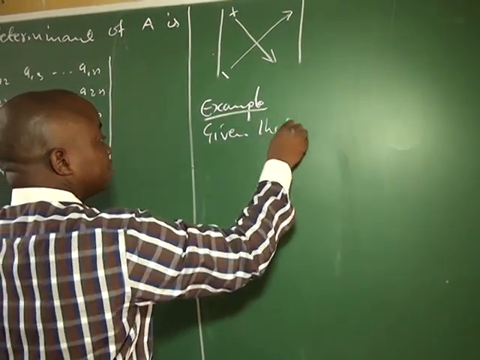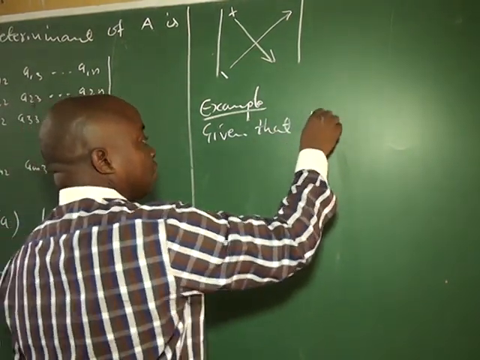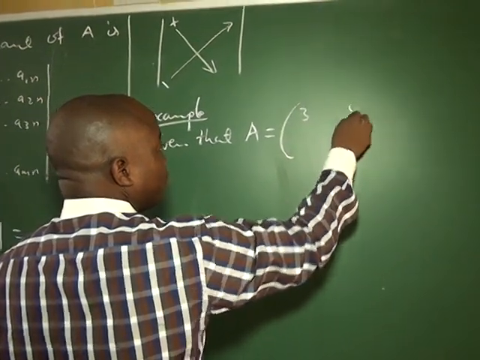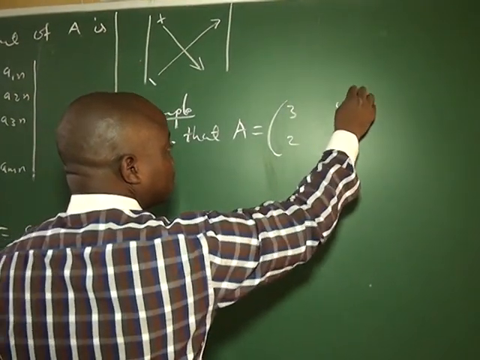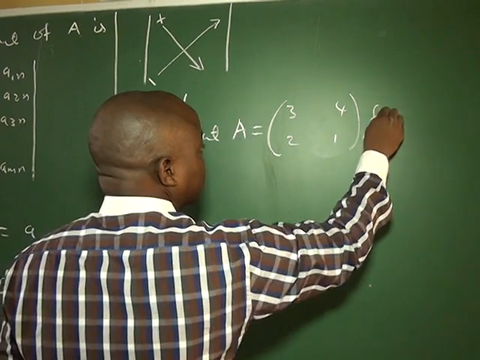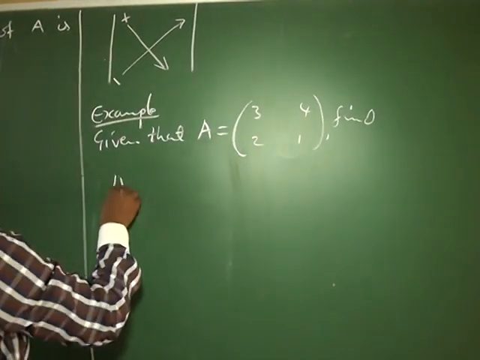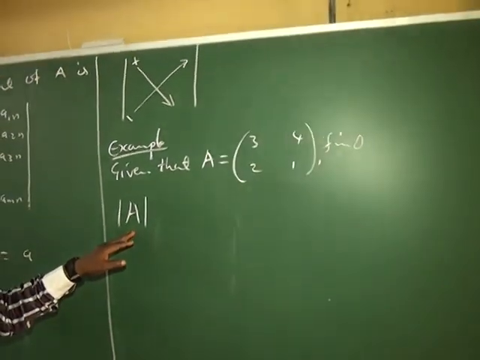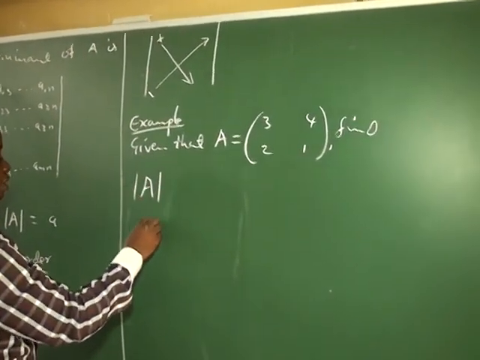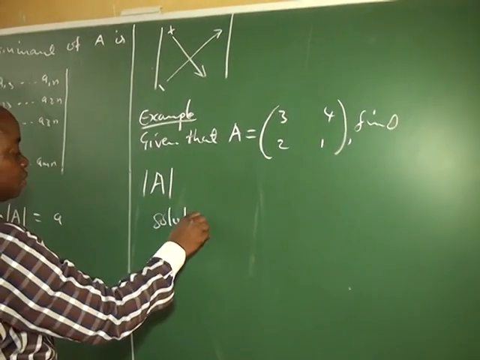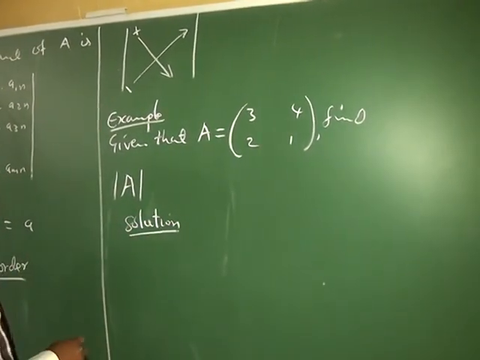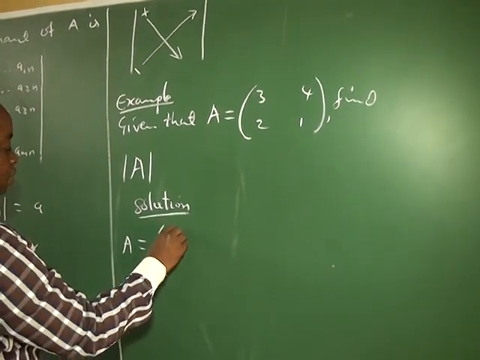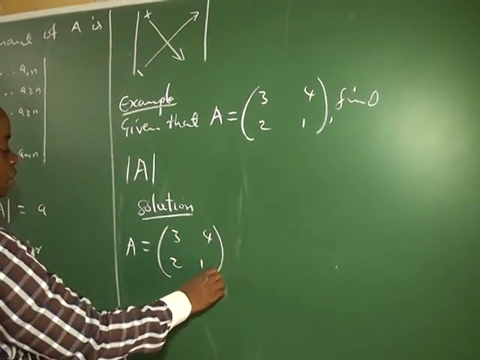Given that matrix A equals 3, 4, 2, 1, find the determinant of A. And this is how we denote the determinant of A. So we have that A equals 3, 4, 2, 1.